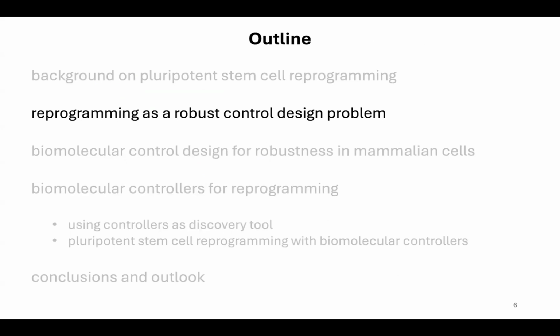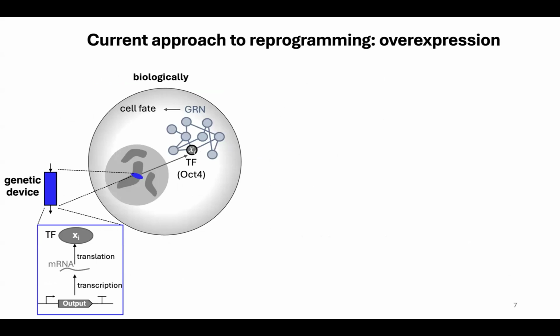So now the next question is, this is biology. How do we try to translate biology into a more formal control problem that we can try to tackle? At a high level, we have the cell, and the way in which reprogramming works is through overexpression.